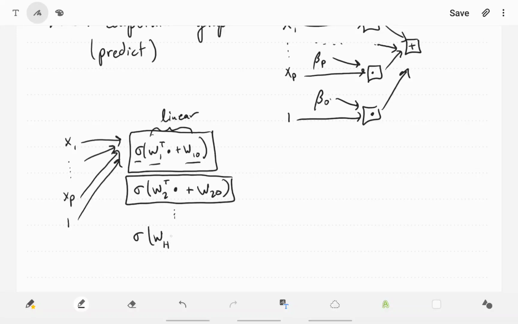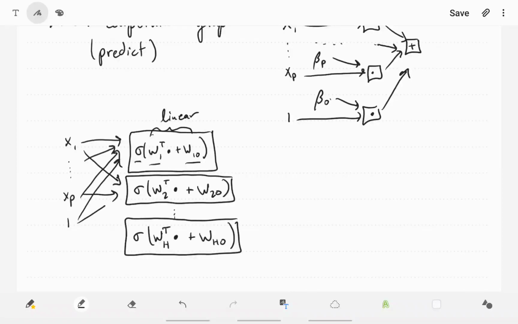So let's call it W sub capital H transpose x plus W capital H naught. As usual, we're going to represent the directions in this computation graph using arrows.